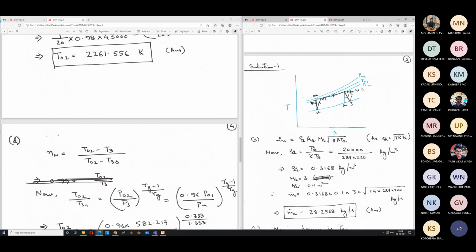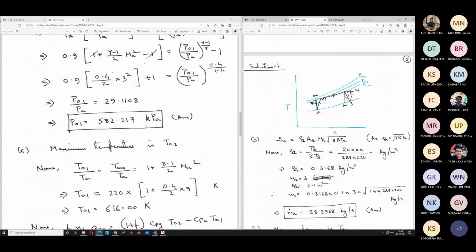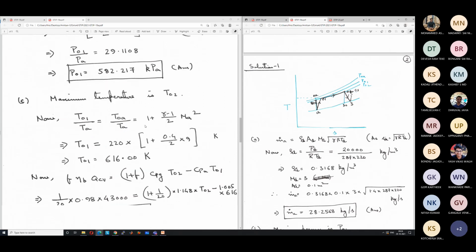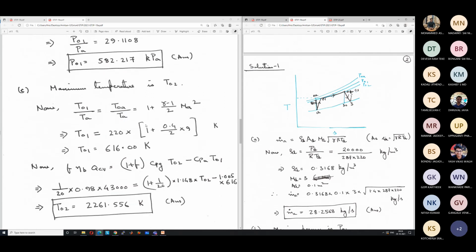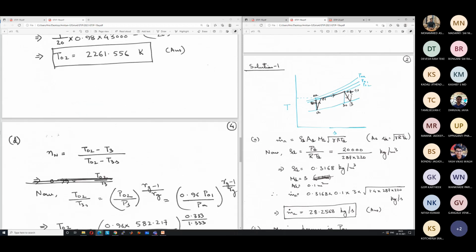We have been told that there is 4% pressure loss in the combustion chamber, and we have calculated P01 as 582.217 kilopascal. So P02 will be 96% of that, so 0.96 into P01. And P3 is equal to ambient pressure because we have a convergent divergent nozzle. So that is also known.